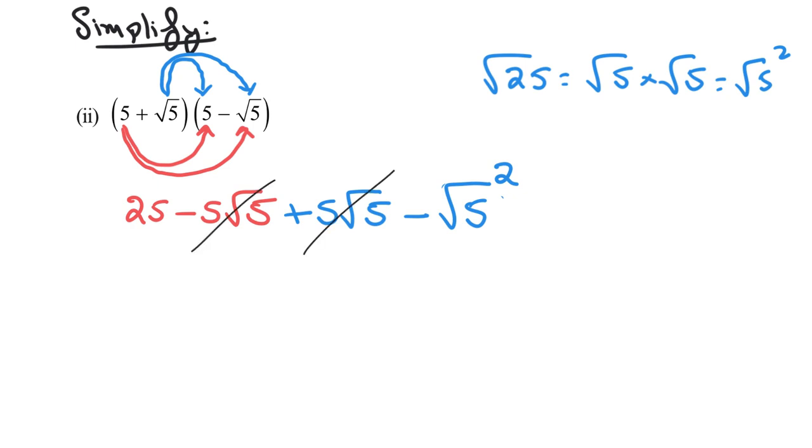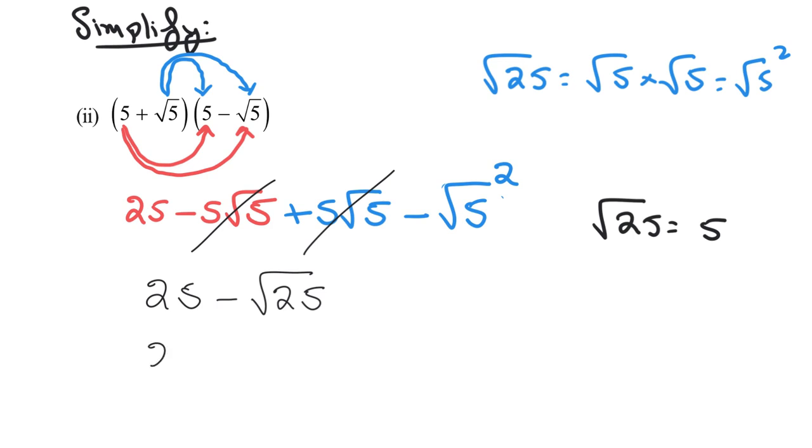So now we are left with 25 minus square root 5 the whole squared, which is nothing but square root 25, which is how much? 5. So 25 minus 5 is 20. So that is your answer.